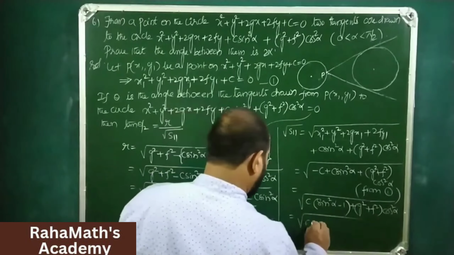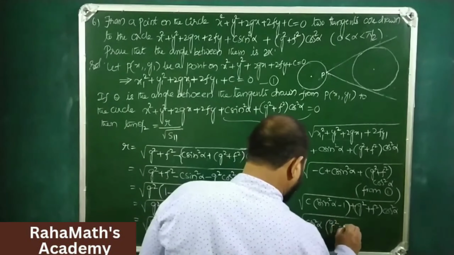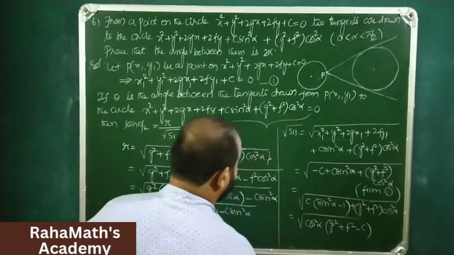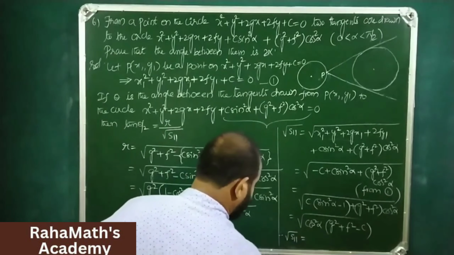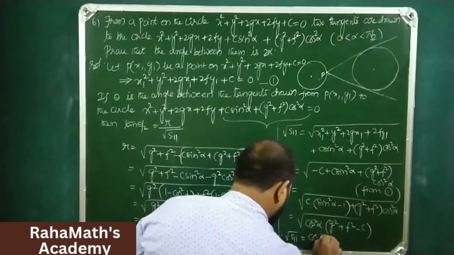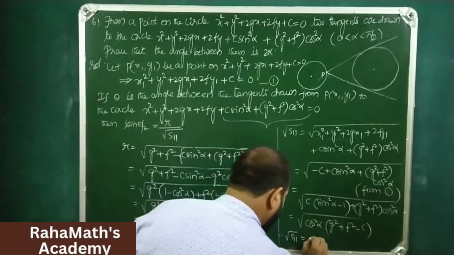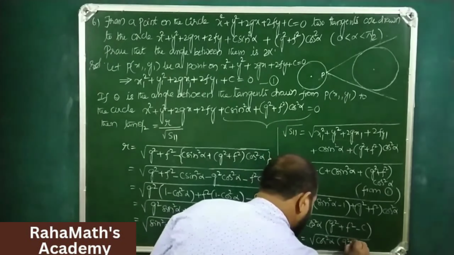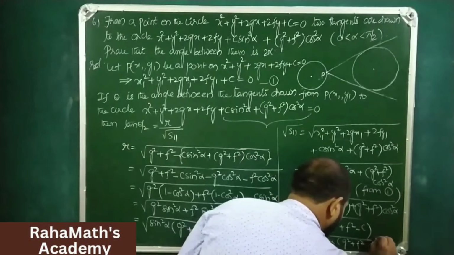Then take cos square alpha in common: g square plus f square minus c. Therefore, root s11 is equal to cos alpha into the square root of g square plus f square minus c.